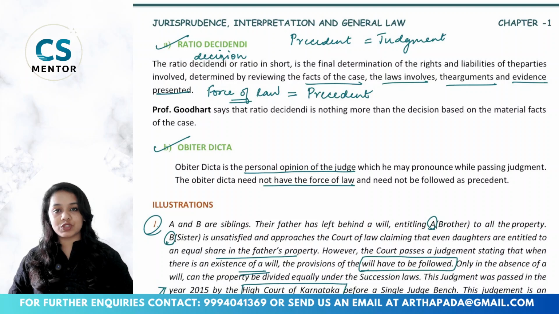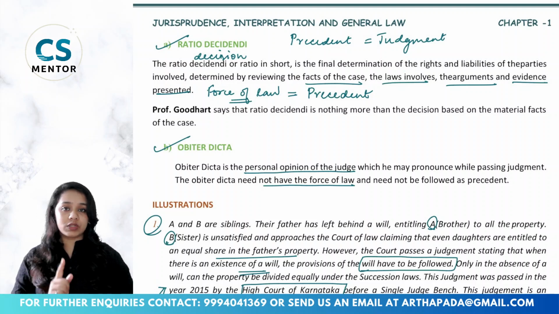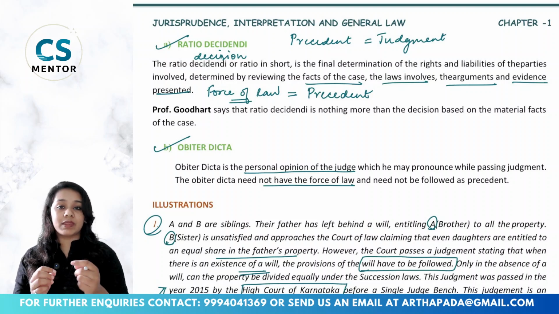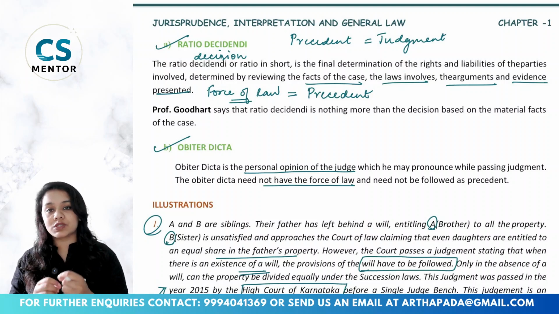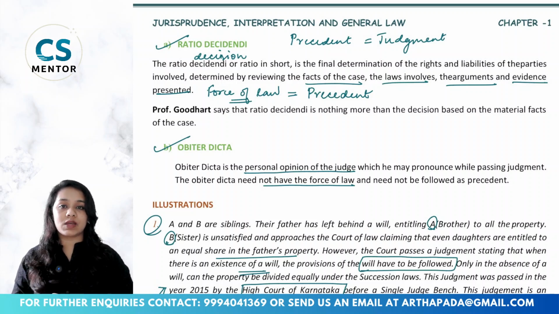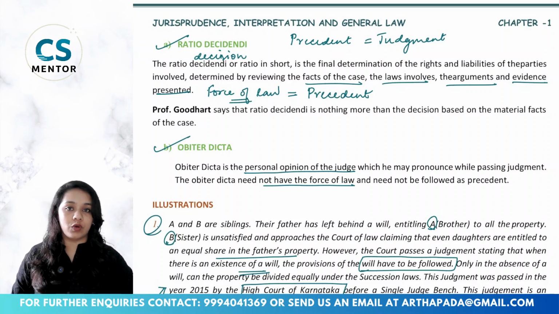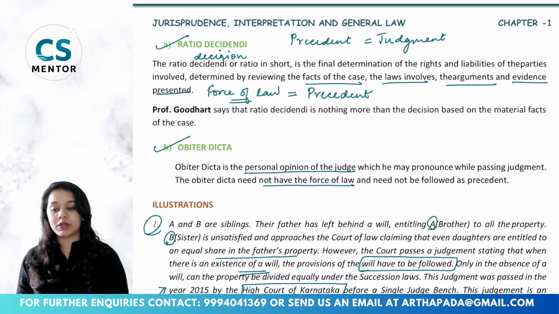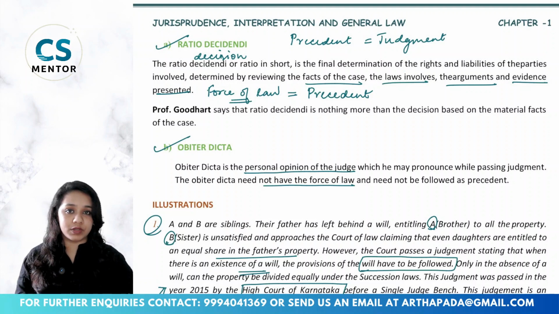Just like the example that we saw in the illustrations below. The law clearly says where there is a will, the will has to be followed. But then, if the judge comes out and gives a personal opinion stating that wills are a bane of society, they are not to be followed, that all property has to be split equally between all the children, that becomes his personal opinion.